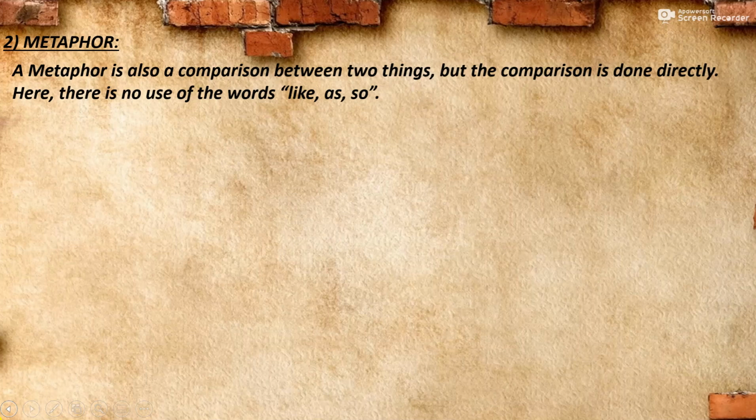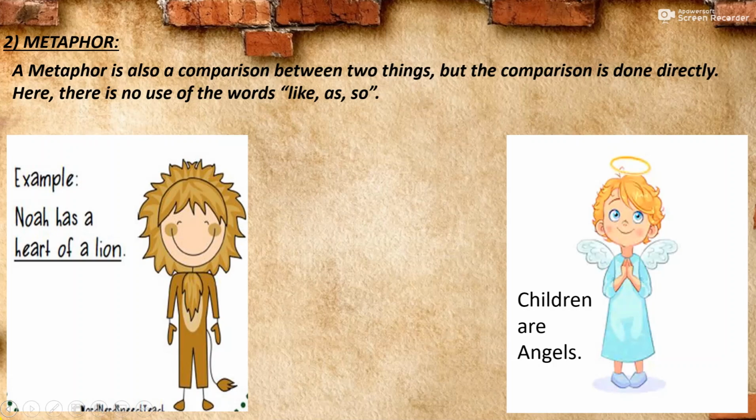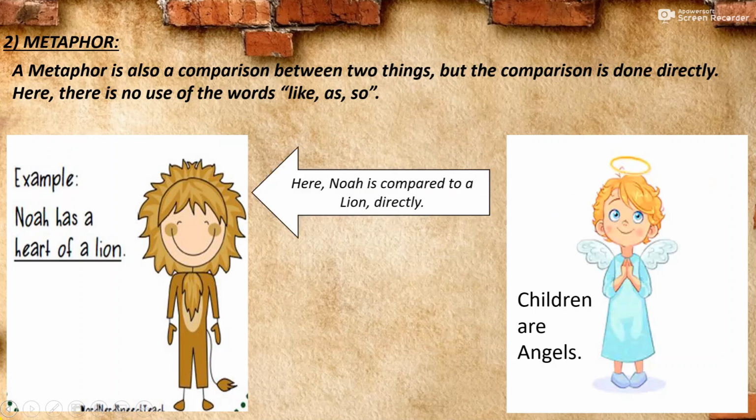So let us see a few examples of metaphor. The first example says, Noah has a heart of a lion. And the second says, children are angels. In our first example, Noah is being compared to a lion directly.